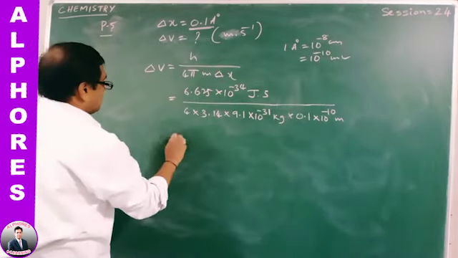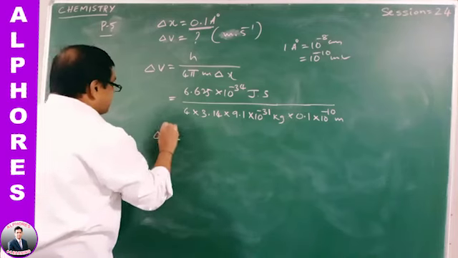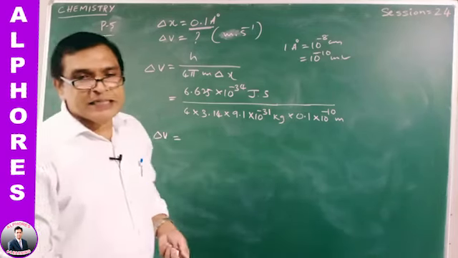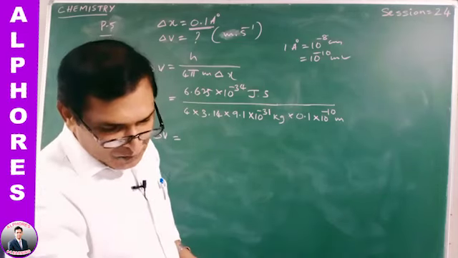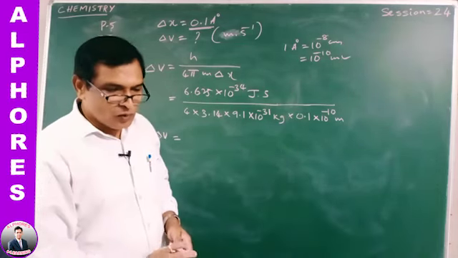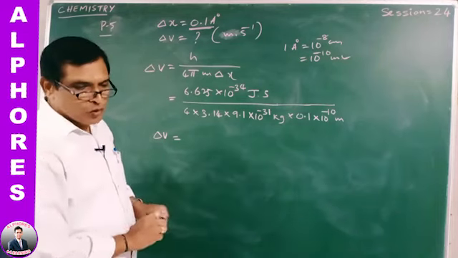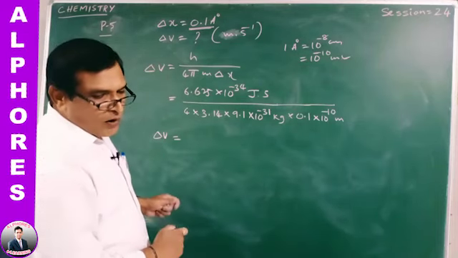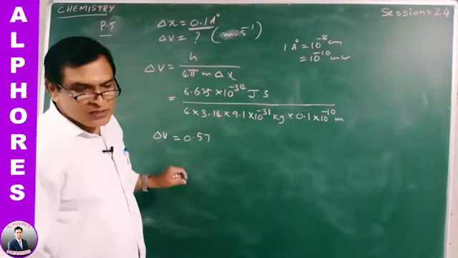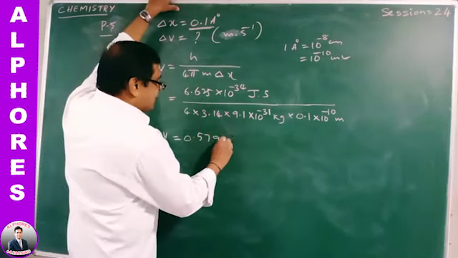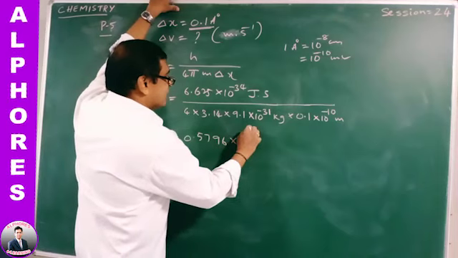On solving this, delta v is equal to 0.5796 into 10 to the power 7.